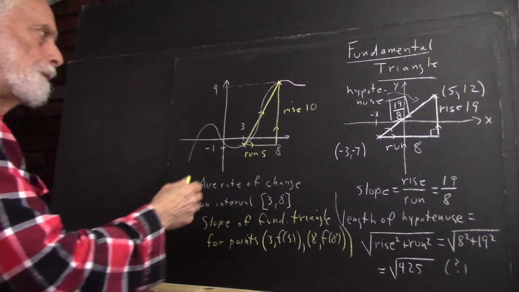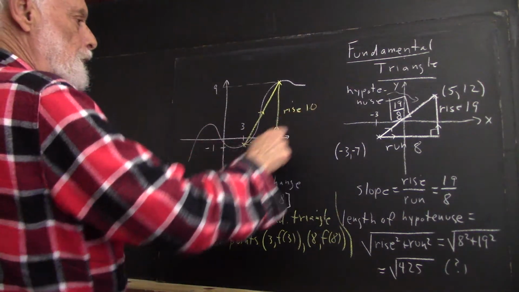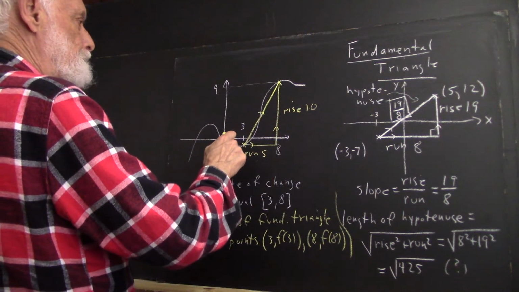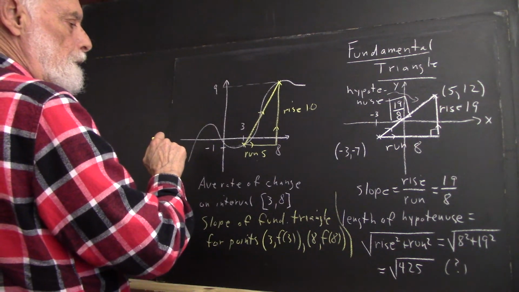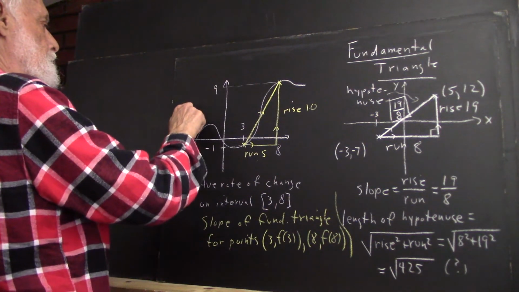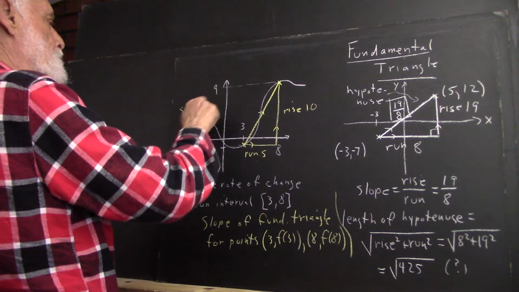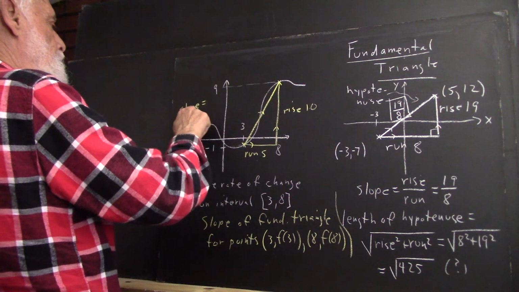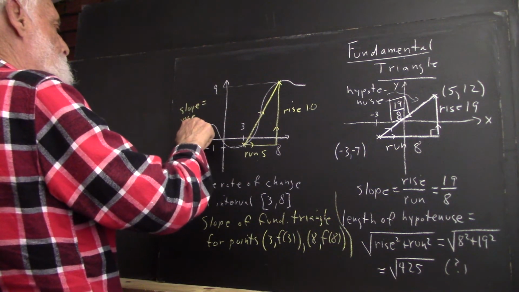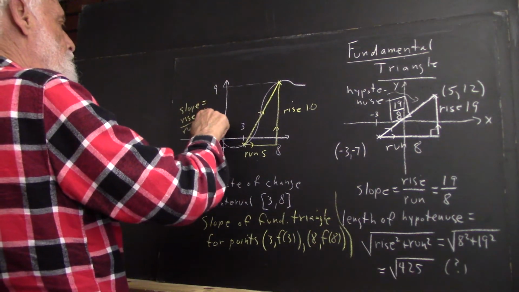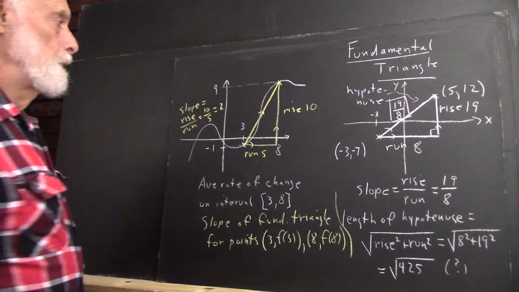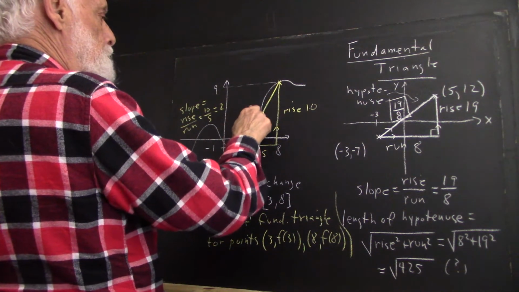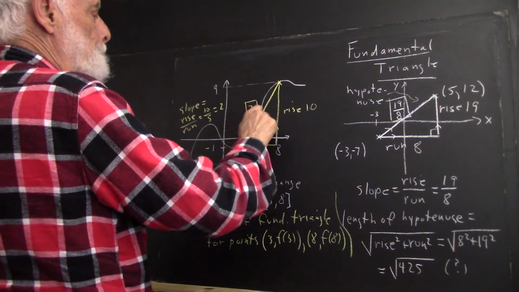So the slope is 10 over 5. And that's 2. So we put 2 in a box here.